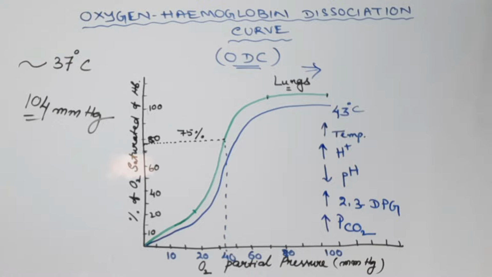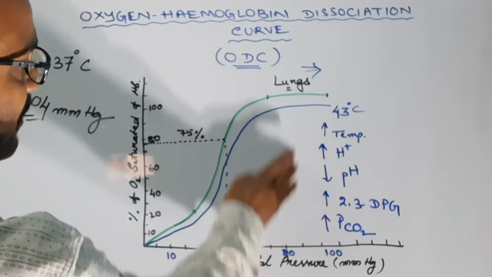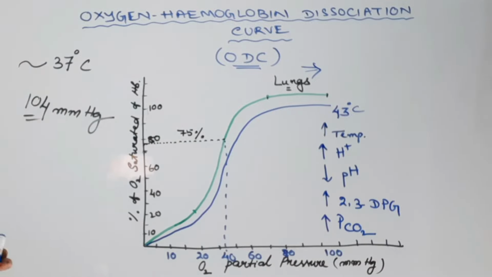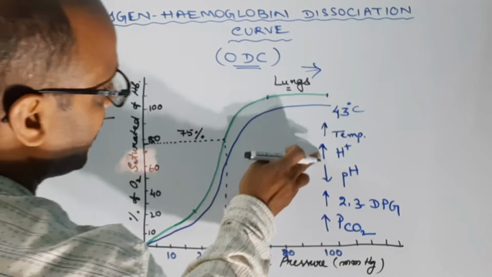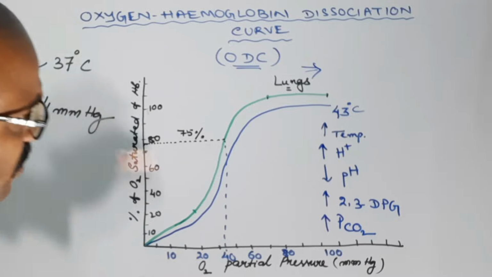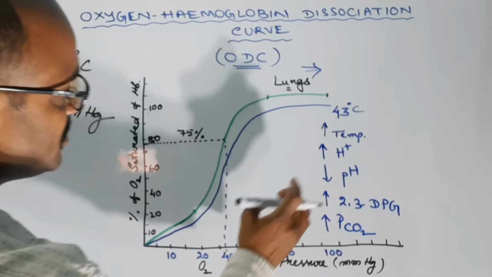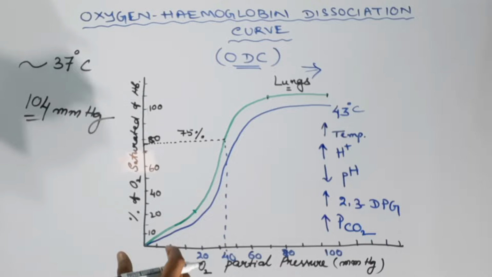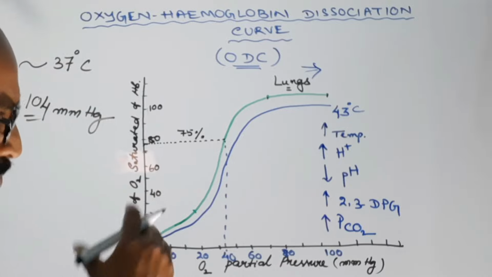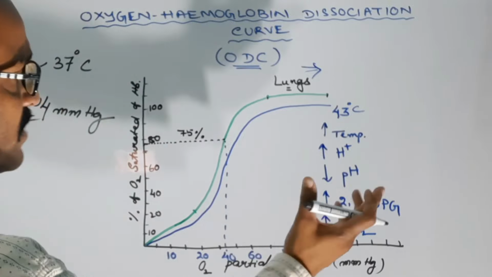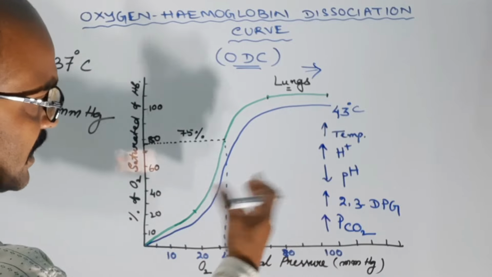So the affinity is decreasing here. Now suppose that temperature is reduced. Suppose that H plus ion goes down and pH becomes higher, shifting from acidic toward neutral or alkaline.